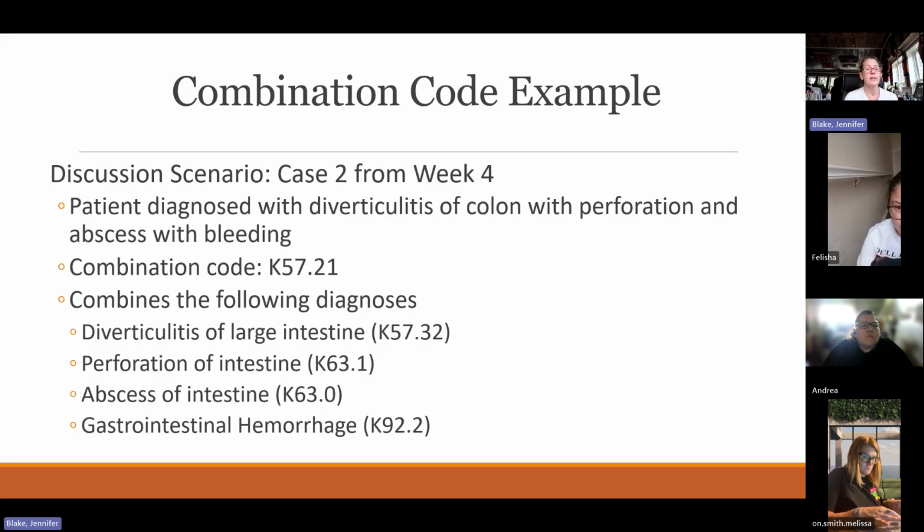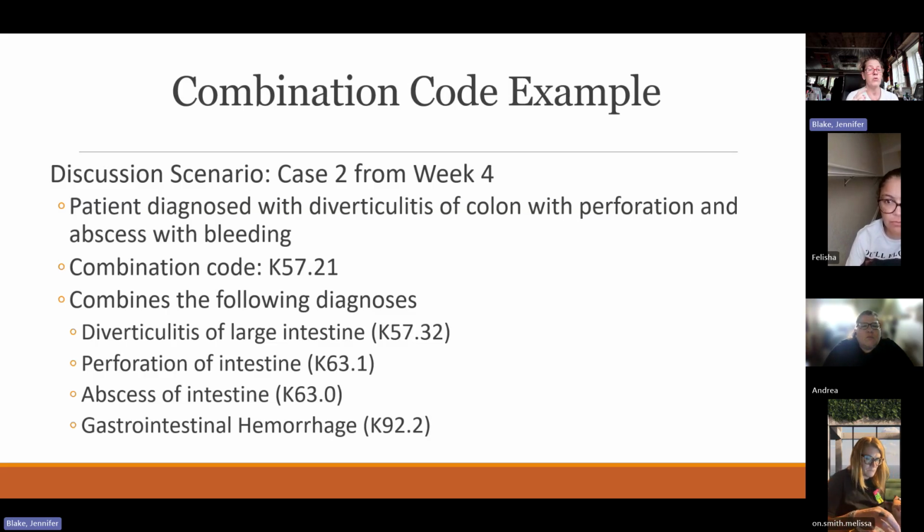Here's an example. This was from week 4 from our case studies and our discussion board. So if any of you had this case, it'll look familiar. Patient was diagnosed with diverticulitis of the colon with perforation and abscess with bleeding. So the combination code, when we went through everything, was K57.21.